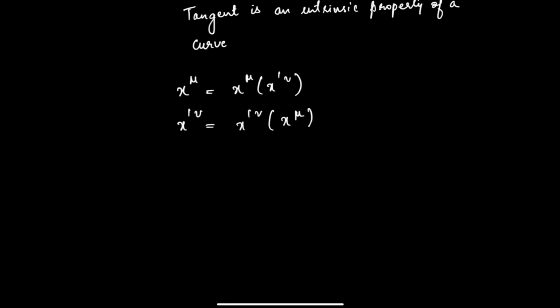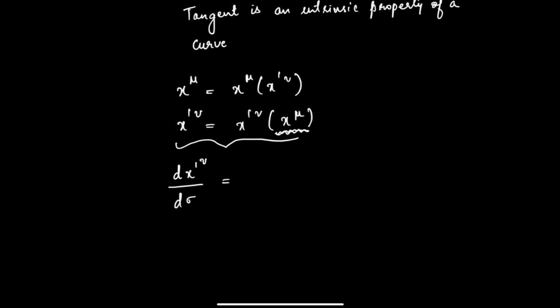Now if I take the derivative of this transformation, then on the left hand side I will get the derivative of x prime nu, and x prime nu is a function of x mu. Therefore, I'll take the derivative with respect to sigma because I need the tangent. On the right hand side, it is a function of x mu, right?